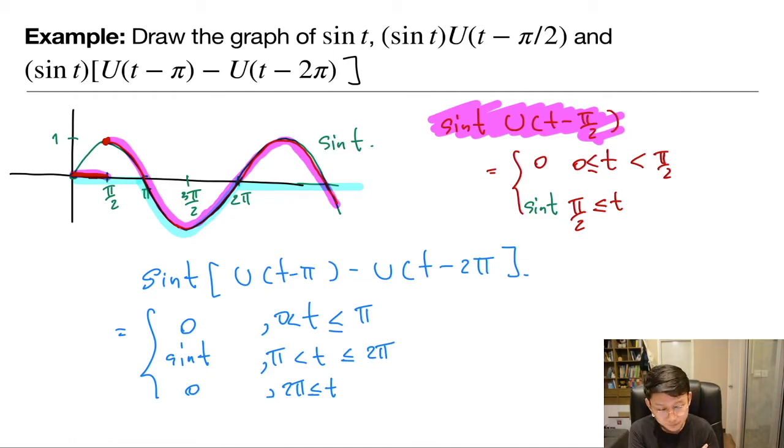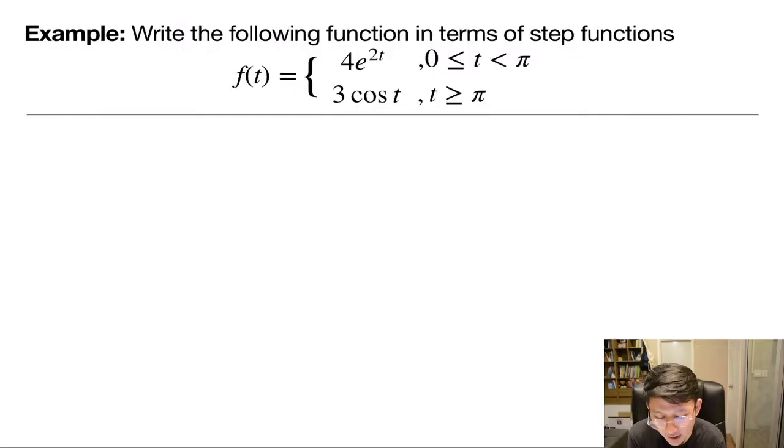Nice. So here, write down the following function in terms of the unit functions. Sorry, let's change this to unit function, not step function. I haven't talked about the step function yet.